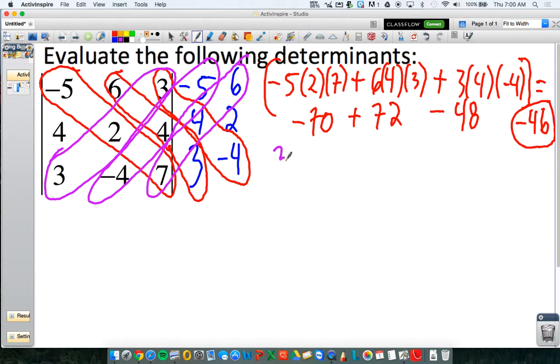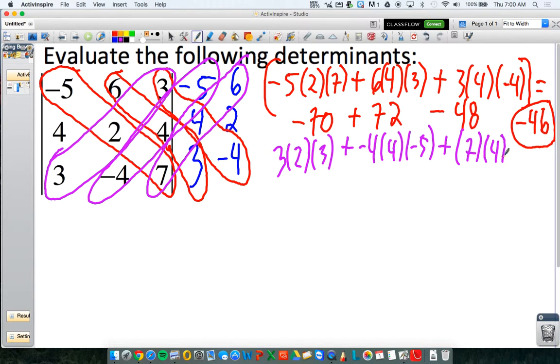So, here we go. 3 times 2 times 3 plus -4 times 4 times -5 plus 7 times 4 times 6. And just like the downward ones, you can bracket them off to show that you are finding the entire sum.